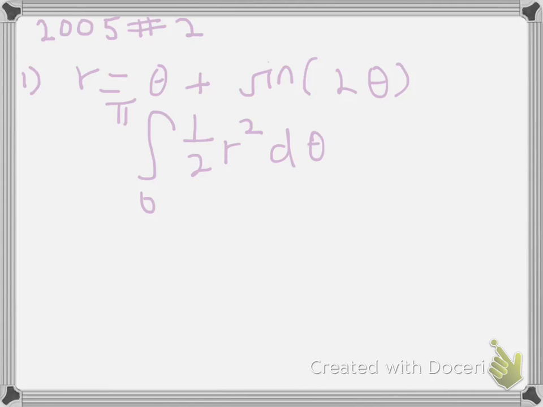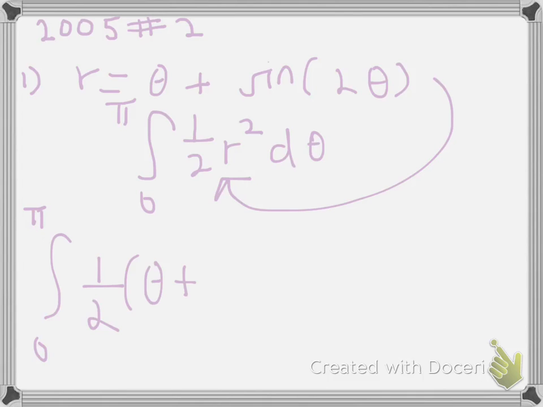And what we know is that r, we can just plug this in to r, and that will become the integral from 0 to pi of 1/2 (theta plus sine 2 theta) squared d theta. Now you really don't have to work this out.